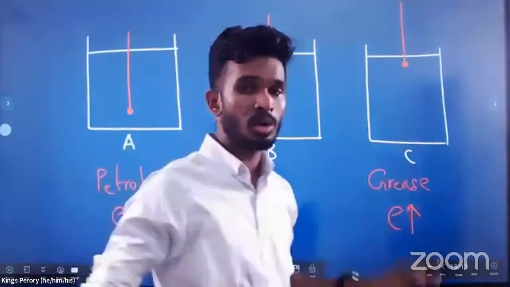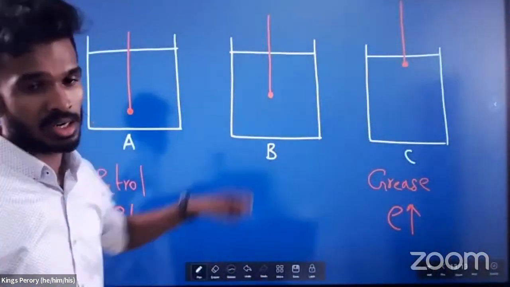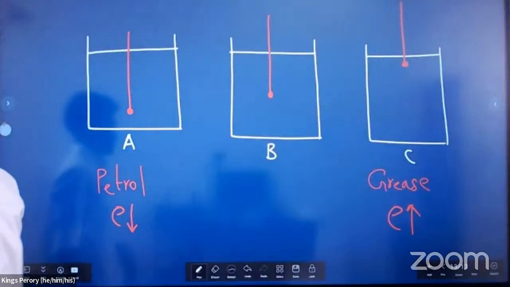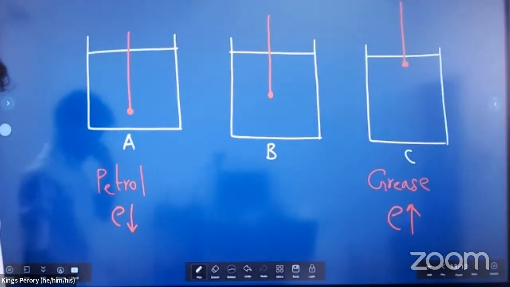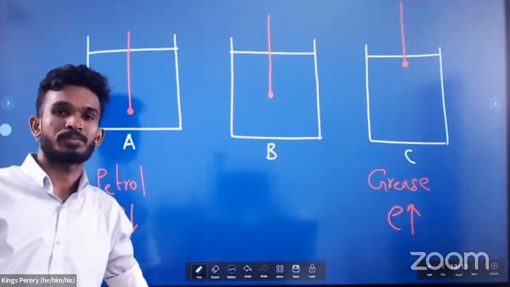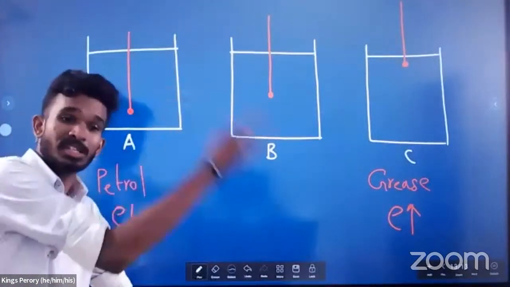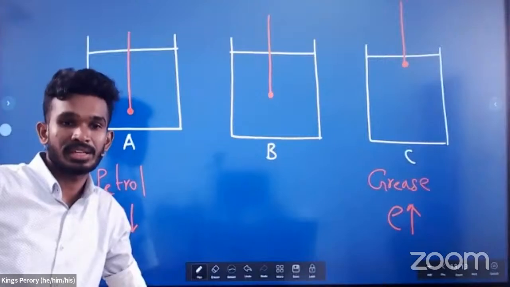Now you take a hydrometer. Keep the hydrometer aside. You take a pen. You put it in petrol. You put it in grease. In which one will it go deep? Petrol. In which one does it not go deep? Grease. Why?